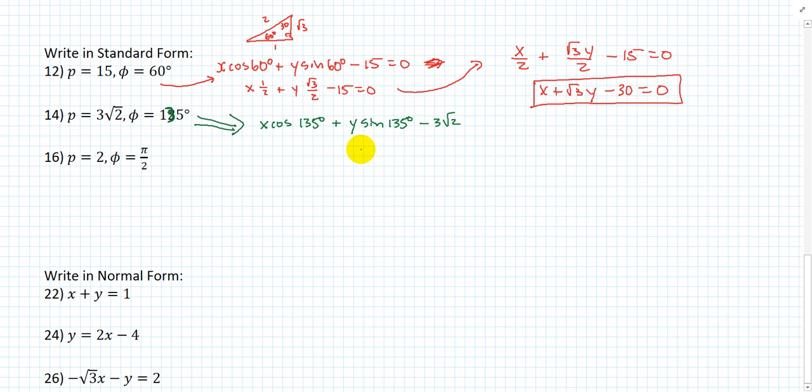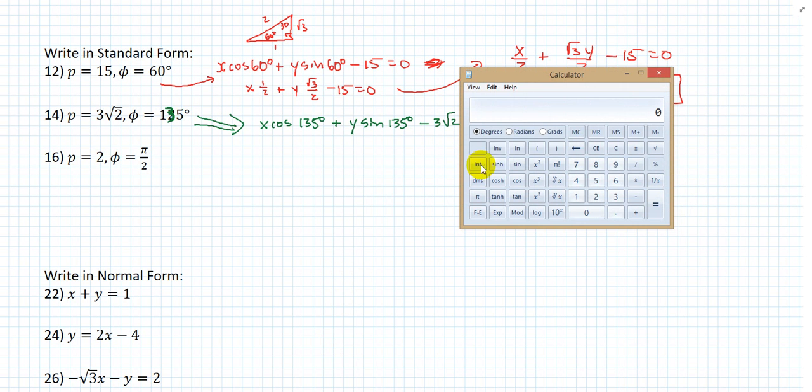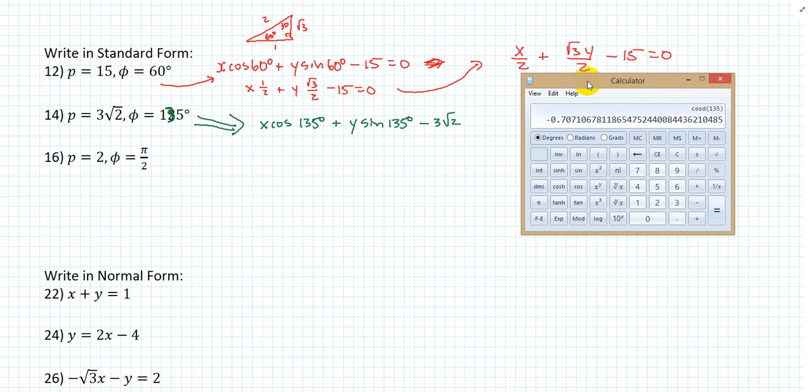Okay, and so from there, what we want to do is use our special triangles, but actually I want to show you what happens when we don't use our special triangles. If I use my calculator here, I put in 135 and cosine, and I get this ugly number. Actually, you do want to use your special triangles here.